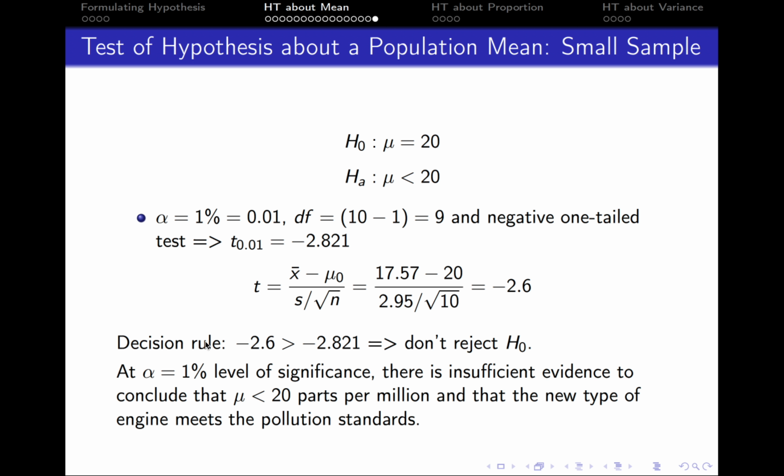And now we need to make the decision about the null and alternative hypothesis. We can see that the estimated t-statistic of negative 2.6 is higher than the critical value of negative 2.821, which means that we are unable to reject the null hypothesis.